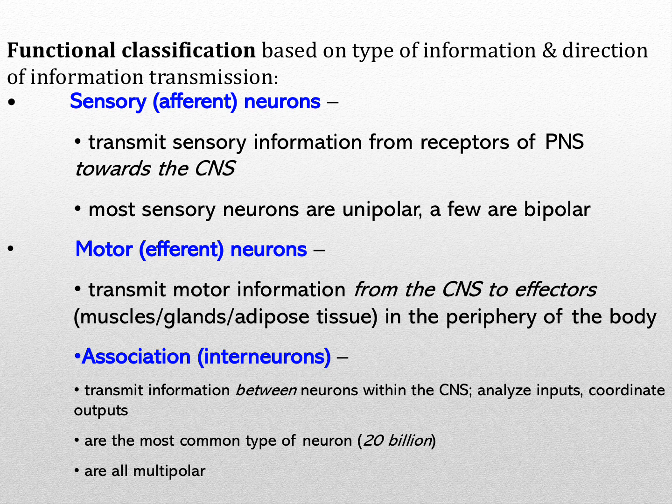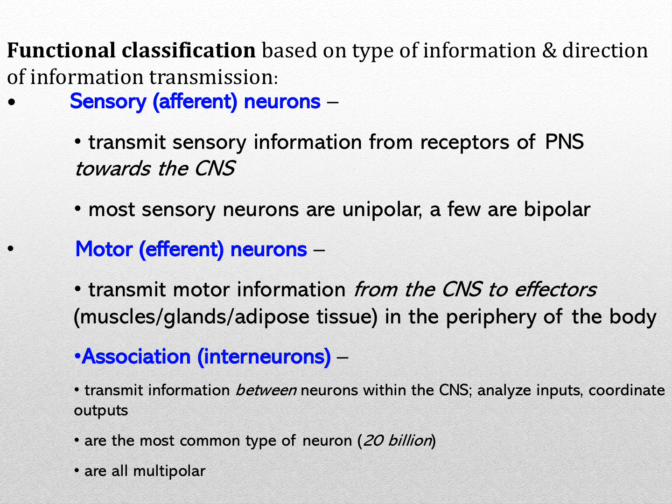They transmit sensory information from receptors of the PNS towards the CNS. We're going to talk about them as being pseudo-unipolar neurons. Most of them are unipolar or pseudo-unipolar. A few are bipolar. So remember, unipolar. And the dorsal root ganglia, we're going to take a look at that in our next presentation.